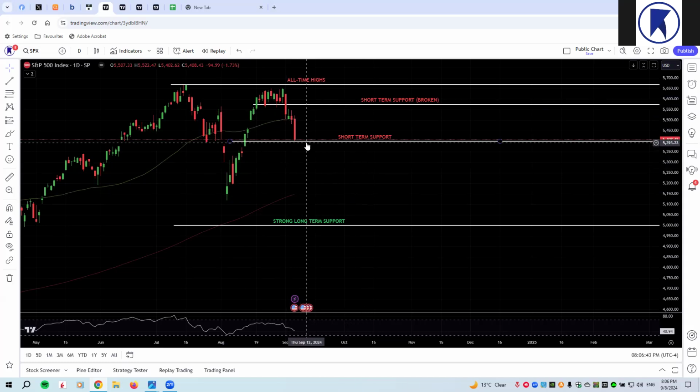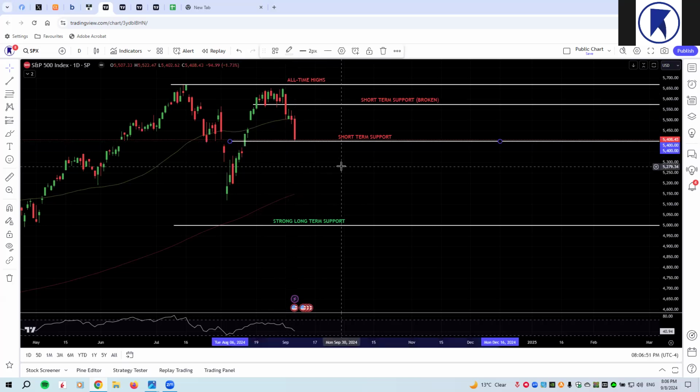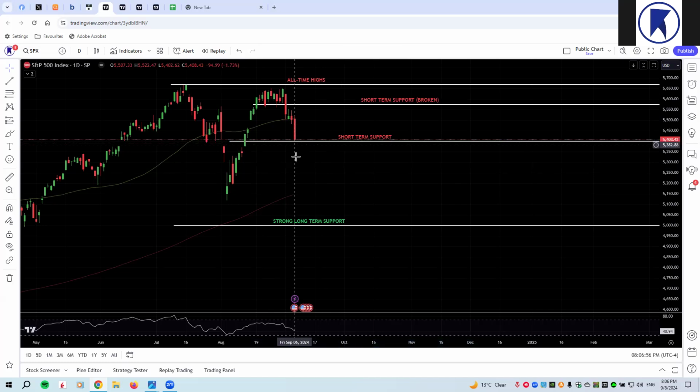You can see short-term support now. This short-term support has been broken, right? Clearly, we're right here at that 5,400 mark, just here and there. But other than that, it's going to be an interesting week. Do we come back and retrace back to the 50? I don't think we see the 5,150 area this week.